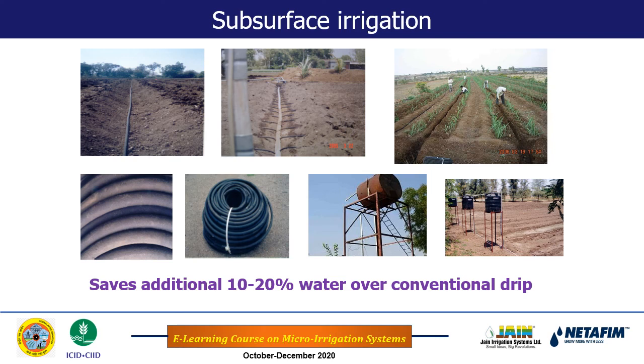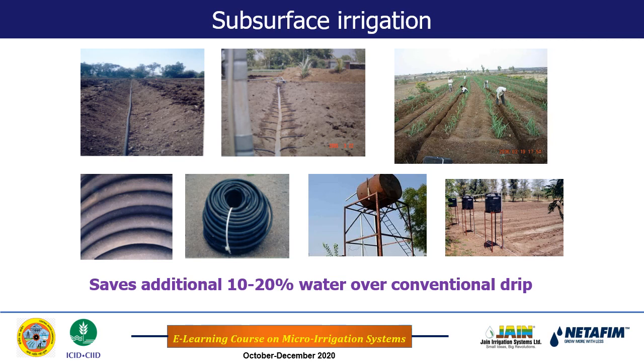But before that, we should understand the principle of subsurface irrigation. Its philosophy is entirely different from the other three irrigation methods, that is surface, sprinkler, and micro irrigation. In all these three systems, water is applied to the crop as per its need.